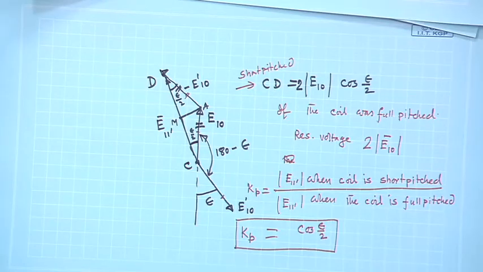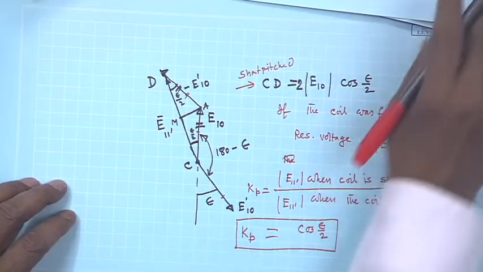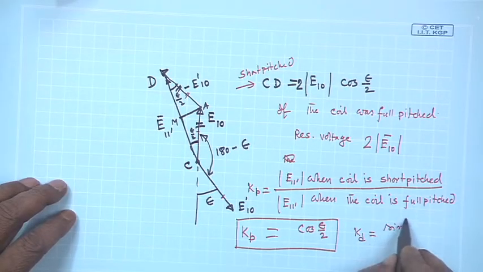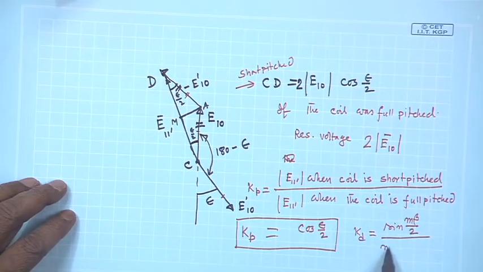Right now I will tell you, but you recall these two factors in any AC machine's winding. One is Kd, which is sin m beta by 2 over m sin beta by 2.